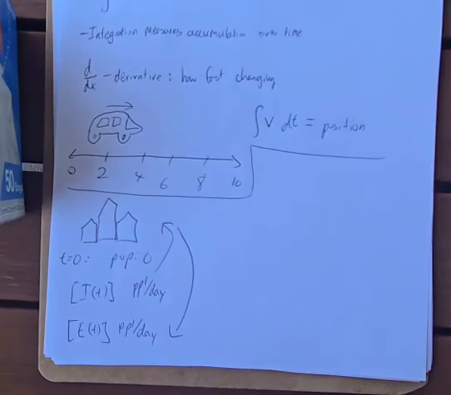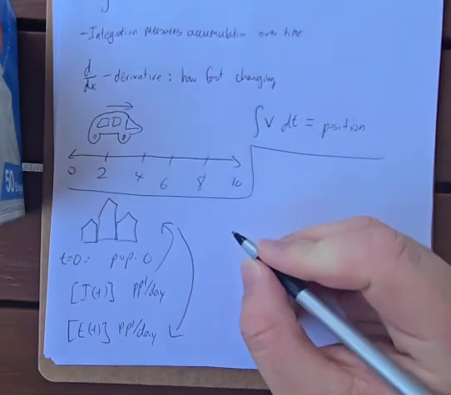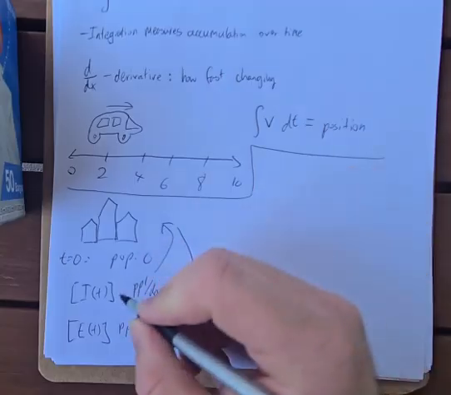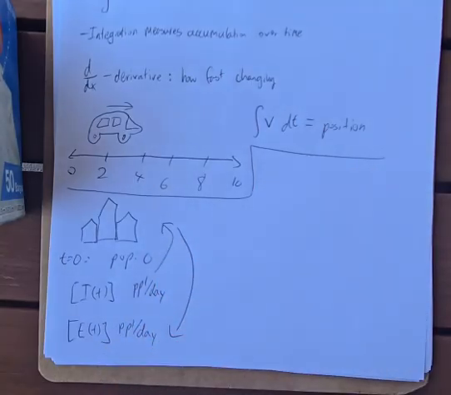So given this, I want you guys to take a moment and think, how can we measure the number of people in the city at any given time? I'll give you a moment to pause the video and think about this. Alright, so the way to do this is, we know that I of t and e of t are people per day. And as you accumulate people per day, you're just going to get people, right?